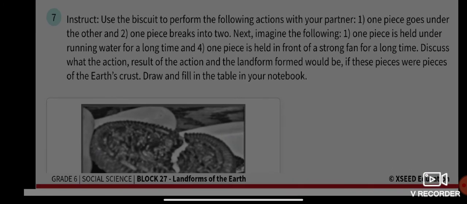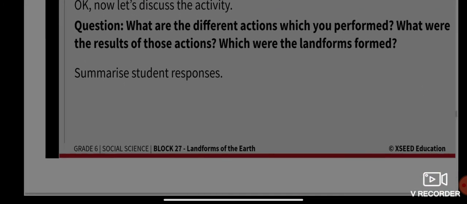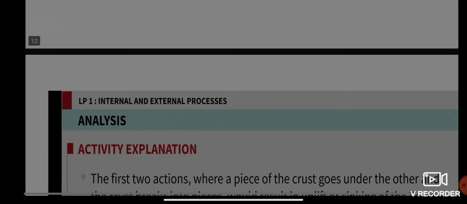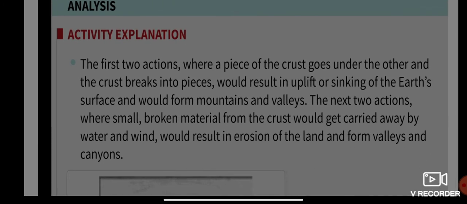All right, one piece of biscuit kept in running water for so long, another one kept in front of a strong fan for a very long time. What will happen, and the result of the action and the landform it will form.